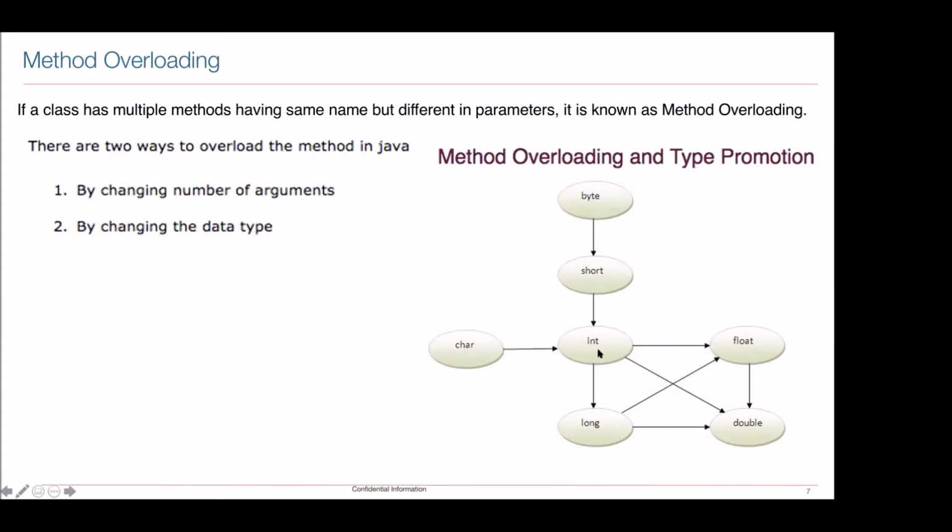Likewise, char can be converted into int, into float. Int can be converted into double, int can be converted into float. Float can be converted into double, and long can be converted into double. So you can see the arrow, this happens automatically.